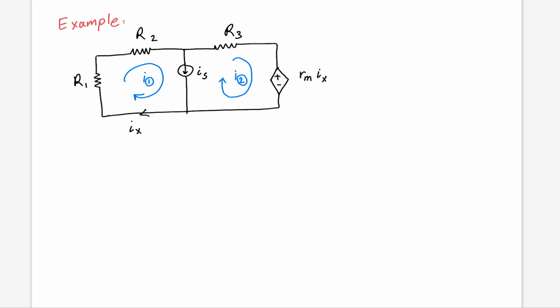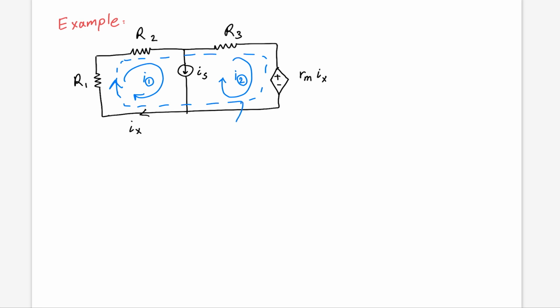In this case, we would use the modified version of the current source method. Whenever we have this situation, we will consider these 2 meshes as one supermesh. So we will have a supermesh in this direction, again clockwise.